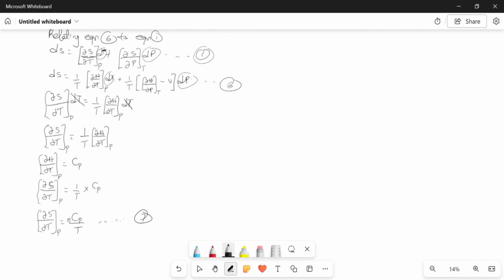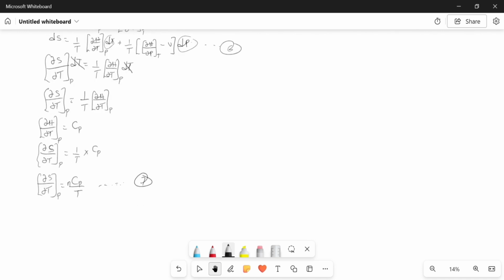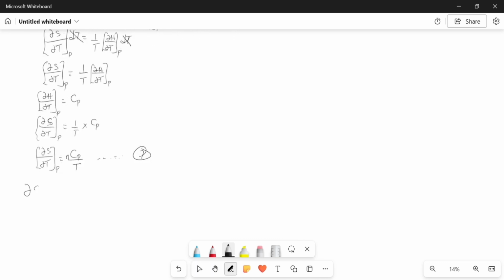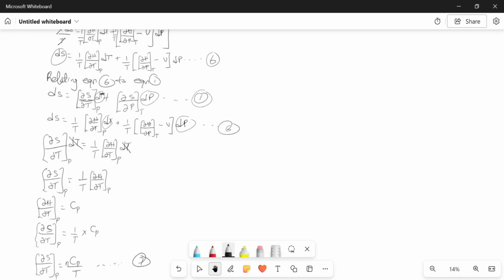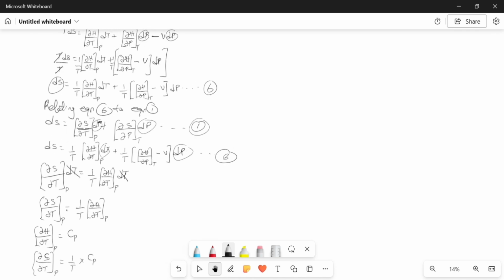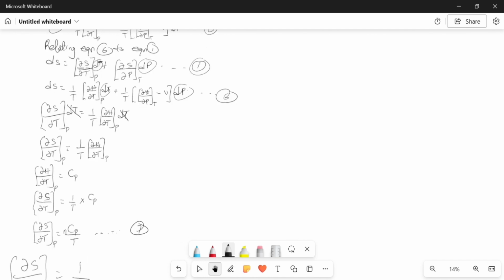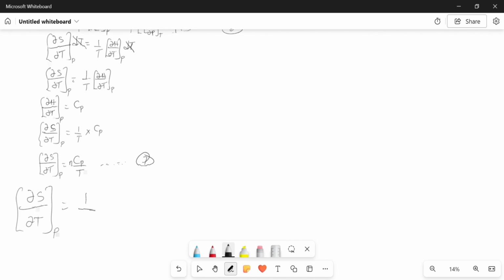Relating both together, we said we have del S over del T at constant pressure equal to 1 over T, times del H over del T at constant pressure.